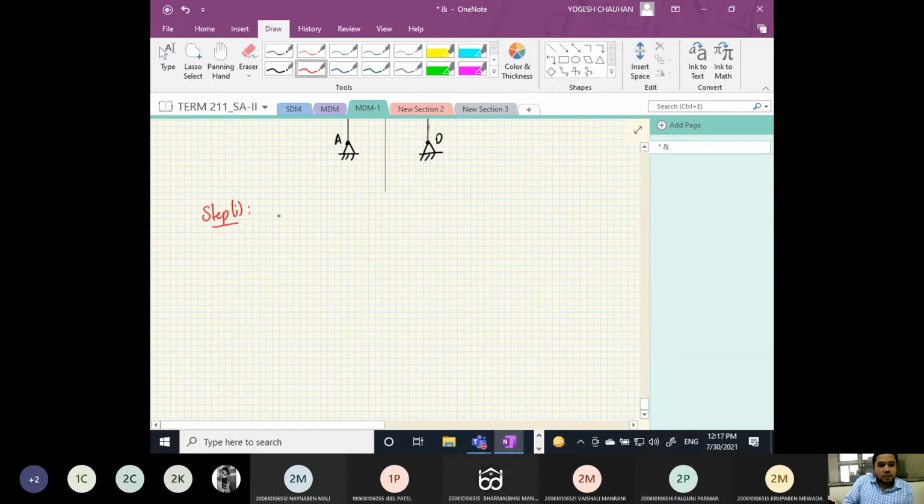So the first step for the non-sway analysis is to restrain the frame and find the fixed-end moments. I am writing directly the fixed-end moments. You just verify this.